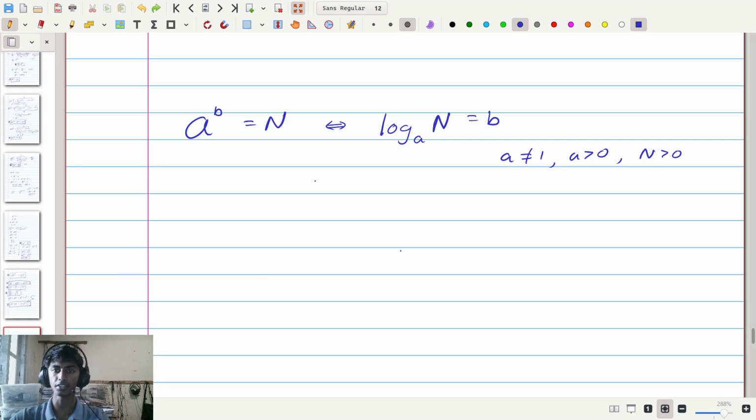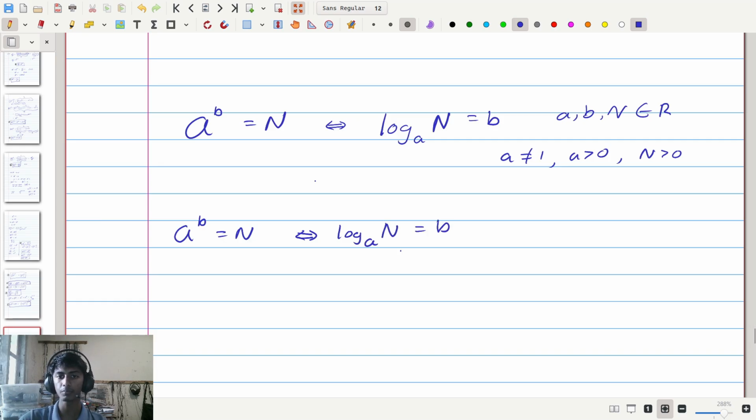Within these limitations, for a, b, and n within the real numbers, this relationship is valid. So here, the relationship we have is a to the b equal to n if and only if log base a of n equals b.